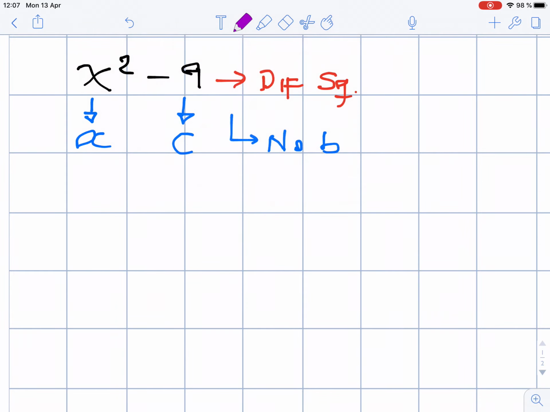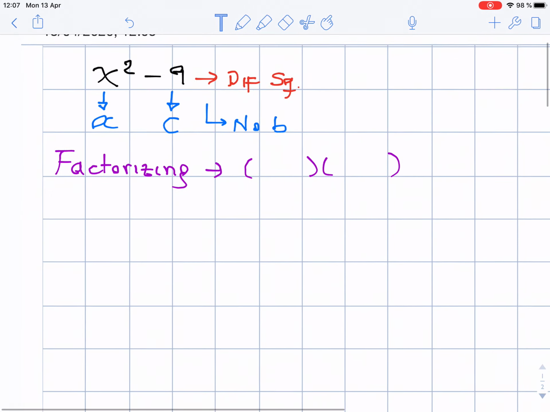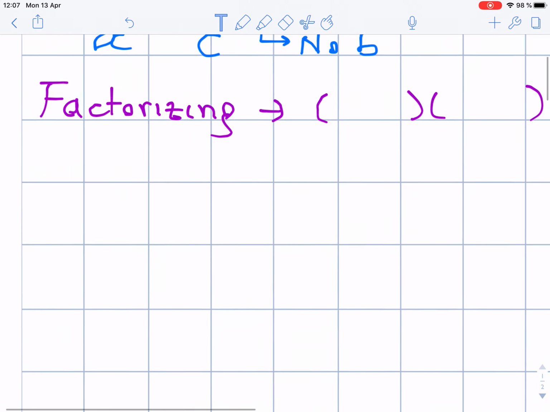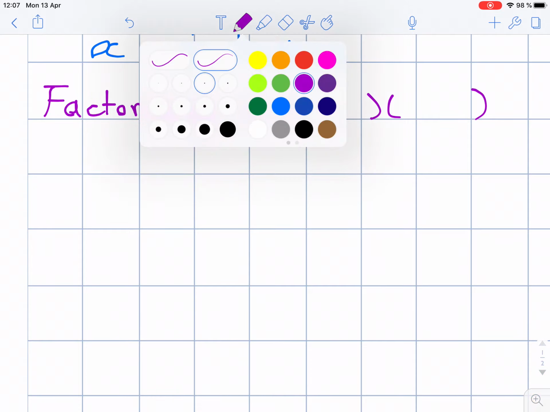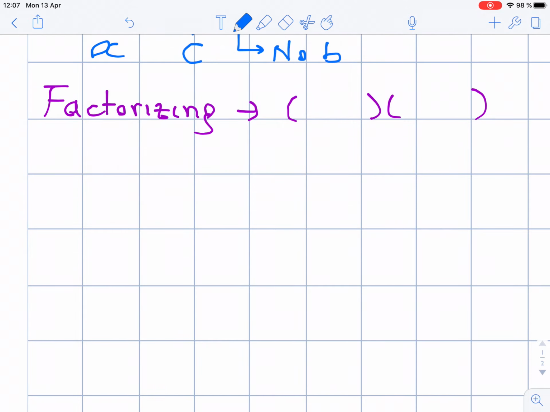We need to apply a different concept. The concept is, as we know, factorizing is when we get brackets from algebraic expressions. In this sense, we're going to get brackets from this expression. Again, I'm going to write the expression x squared minus 9.